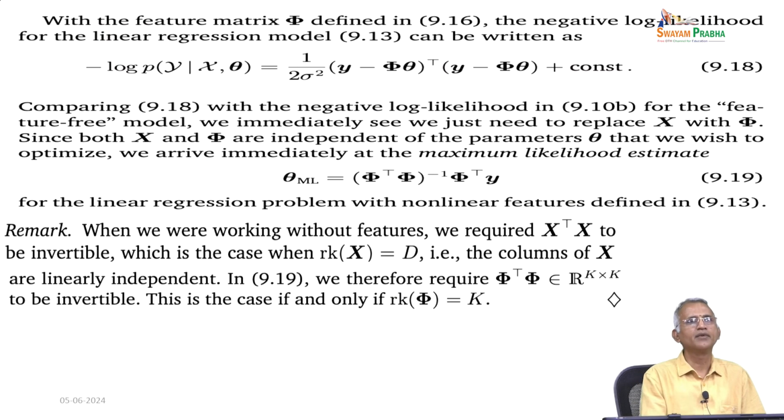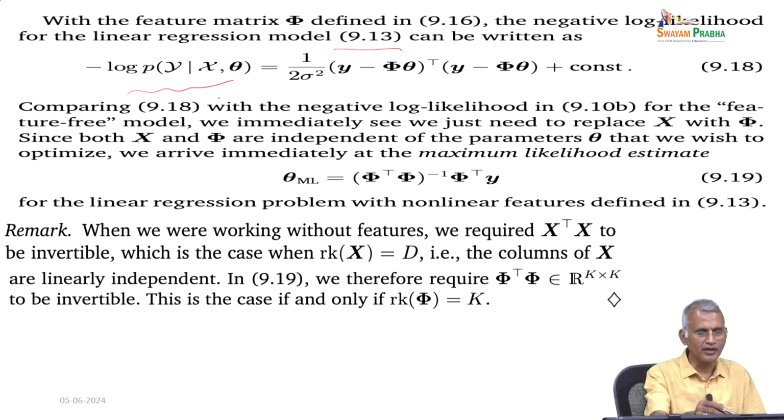And with the feature matrix phi defined in 9.16, the negative log likelihood for the linear regression model 9.13 can be written as minus log of p of y given x comma theta equal to 1 by 2 sigma square of y minus phi theta whole transpose into y minus phi theta plus constant.